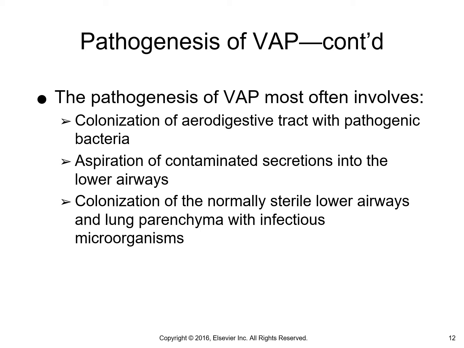The pathogenesis of VAPs most often involves colonization of the aerodigestive tract with pathogenic bacteria, aspiration of contaminated secretions into the lower airways, which I believe happened there, and colonization of the normally sterile lower airways and lung parenchyma with infectious microorganisms.